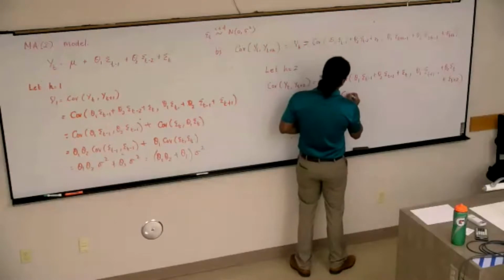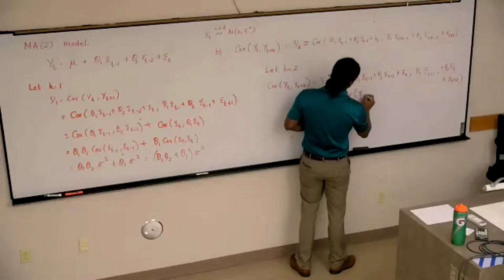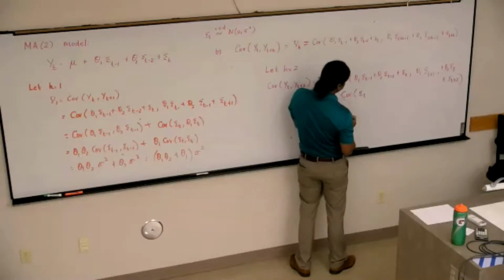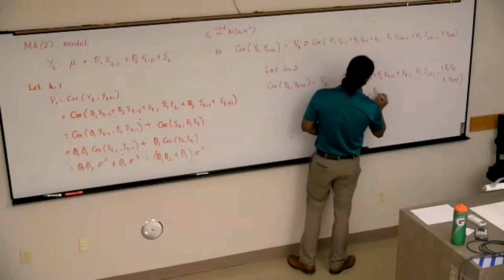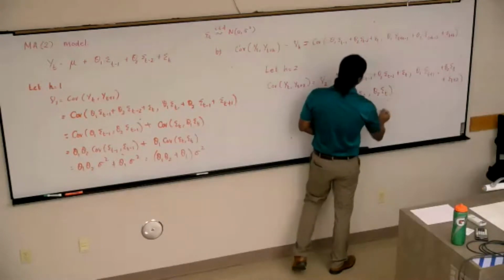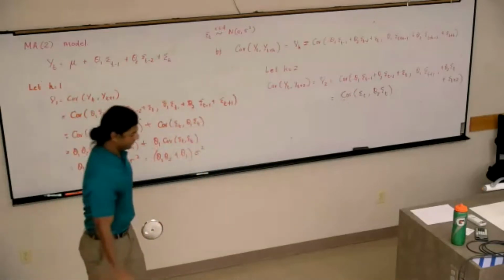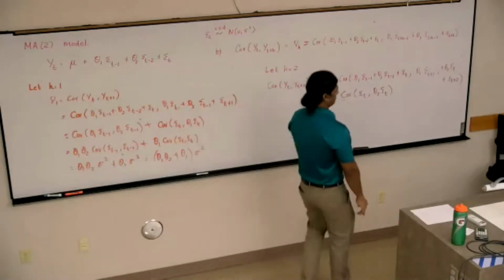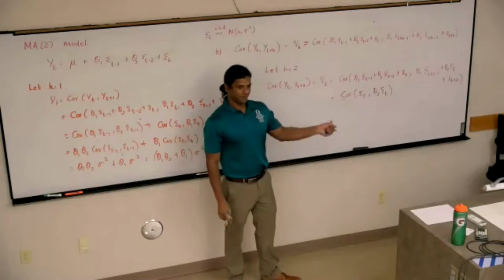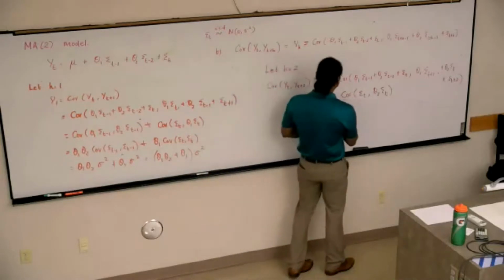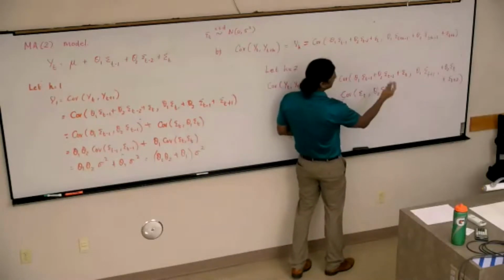So what we will have left would be epsilon t, comma, theta 2 epsilon t. And what is in common between the two terms? The epsilon t. Well, in terms of the constant, we have theta 2.